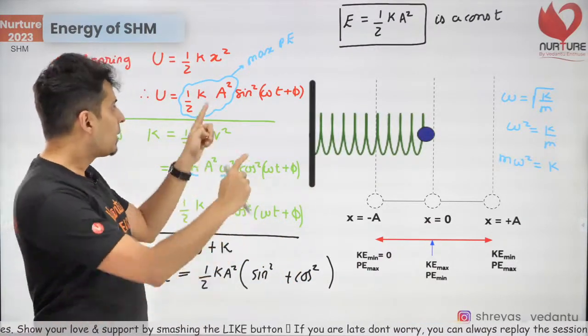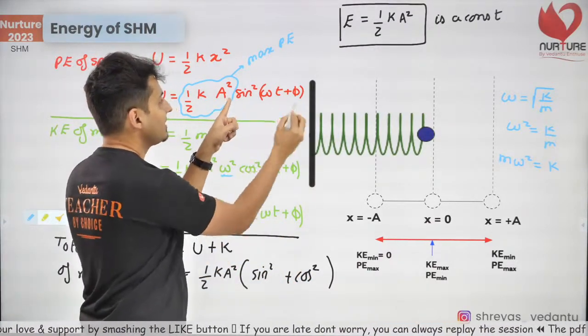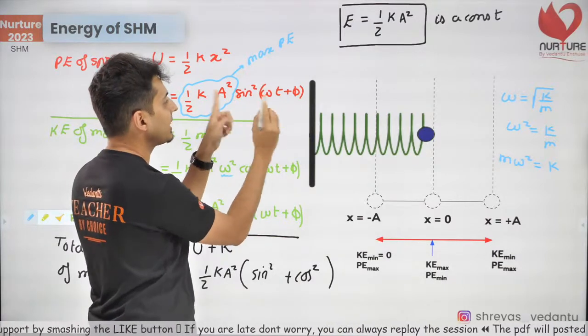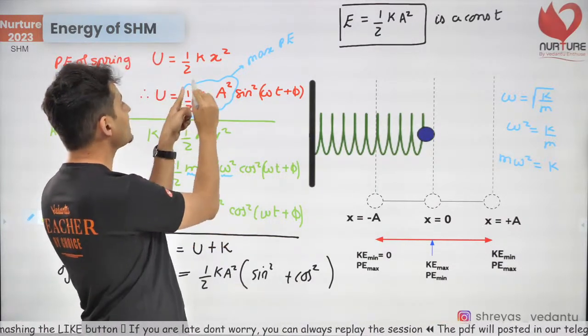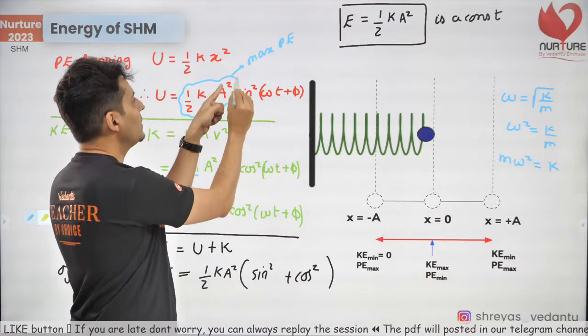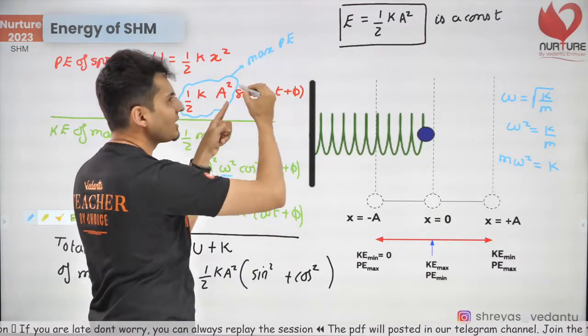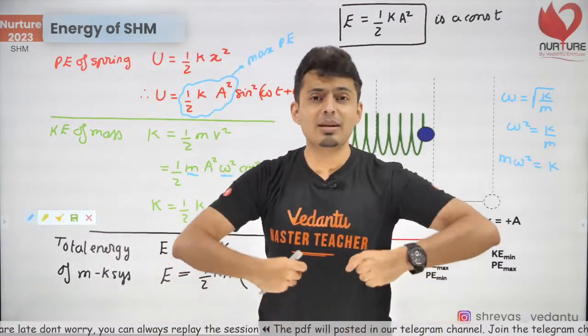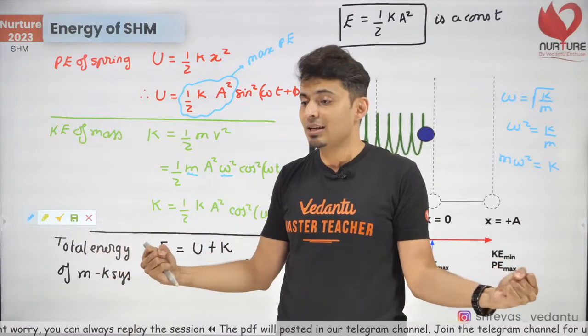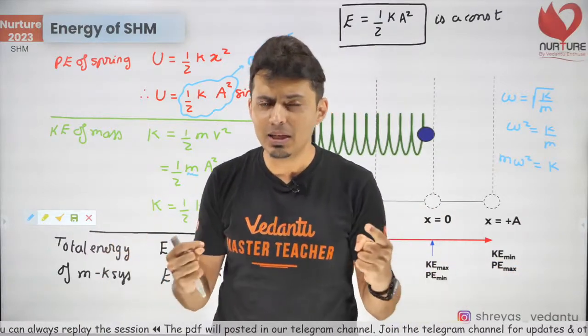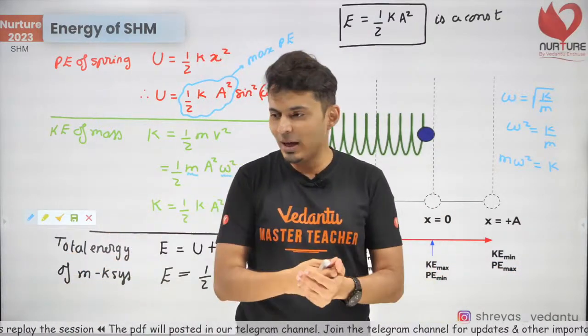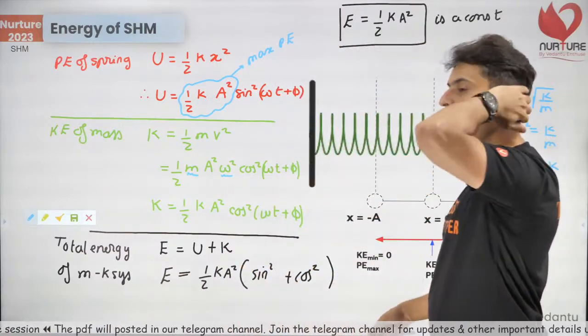There will be a time when this sine square term will become 1 and the potential energy will become this value, which is the total energy. When do you think the potential energy becomes the value of total energy? Will that happen at the mean or extreme? Where will it happen? Come on, think about it, my warriors.